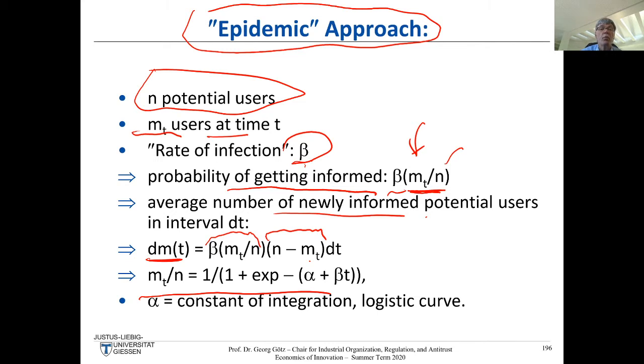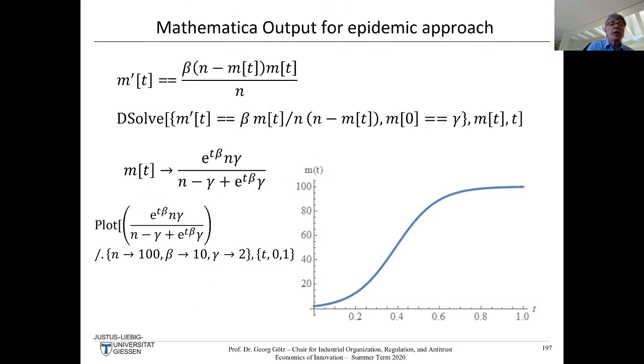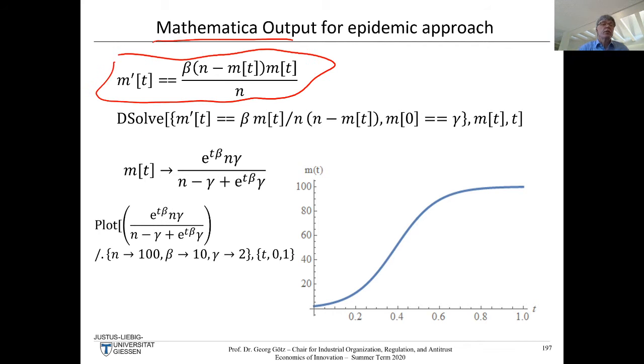You know that I always use Mathematica, and if you use Mathematica, you put that differential equation in, and tell Mathematica to solve it, and you say, okay, we have some initial guys, gamma. Of course, in order to get an epidemic, you have to have some people who contracted it somewhere, even if it's from bats or from someone, you have to have some positive number.